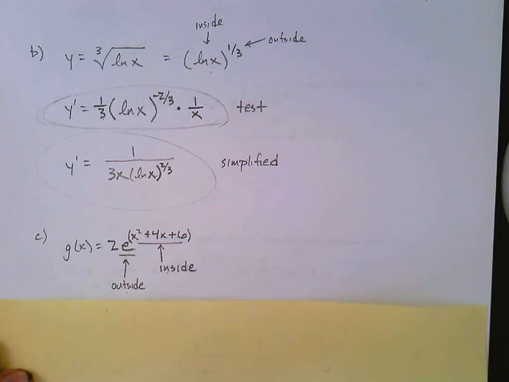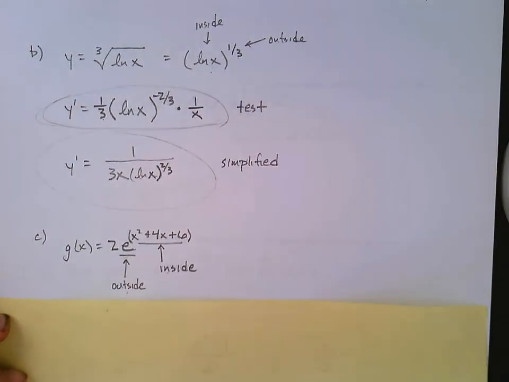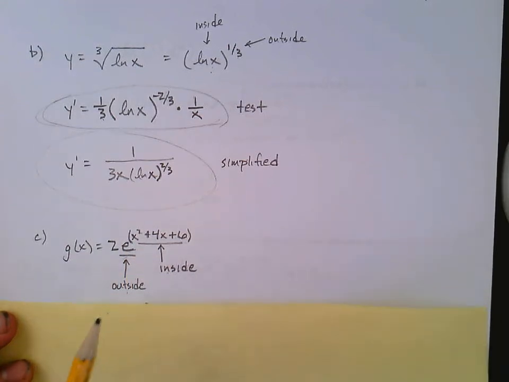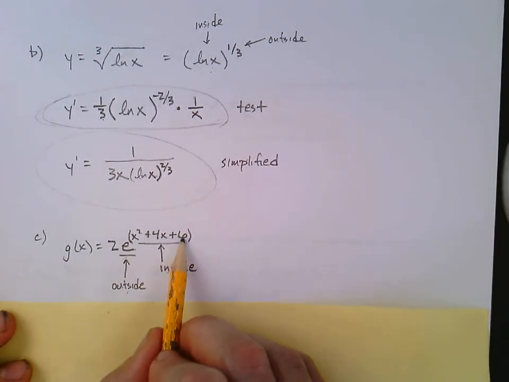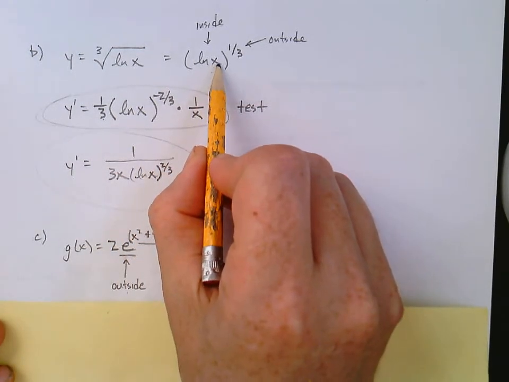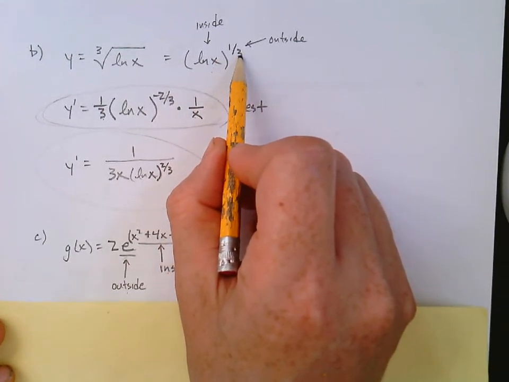What's up with that? Okay, here's another tip on how to identify inside and outside. So a lot of times it's literally inside parentheses. This is the one exception where you have an exponential, where it's not literally inside parentheses. But it's gotta be the x squared plus 4x plus 6 is the inside. Here's why. The inside always has the variable. Okay, so like here, that's where the x is, the natural log x. The 1/3, there's no variable there. That's a constant, right?